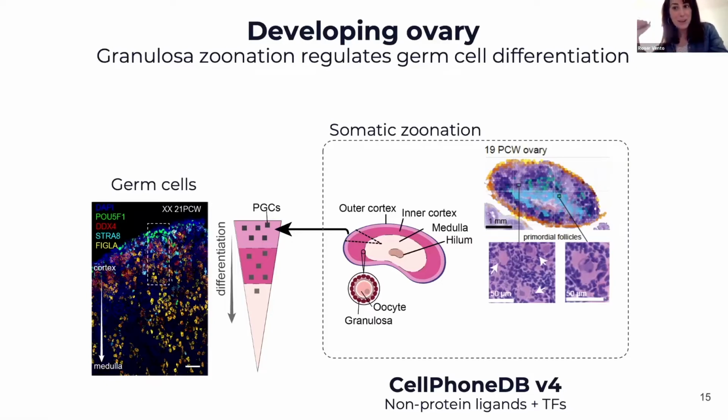And what we then want to understand is how this dynamic communication happens. And what we did is to use CellPhoneDB, our method to look for ligand-receptor interactions, but we updated this method by also including transcription factors, and we used these as sensors for the activity of the receptor.